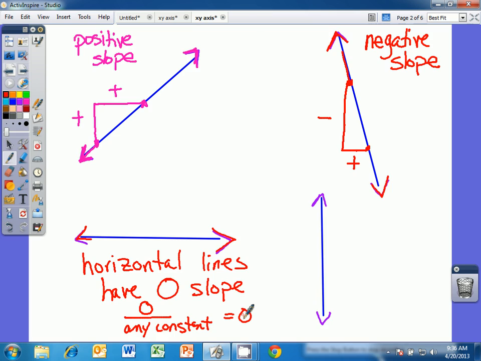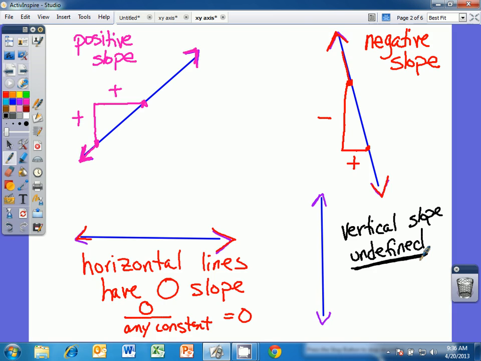And then finally, vertical lines. Again, if we're going to use the analogy of a skier, I wouldn't want to be a skier on this slope. This would be a closed ski slope. They wouldn't let you on it. So a vertical slope is undefined. If we do that algebraically, you'll notice on a vertical line, there's absolutely no change in the horizontal direction.